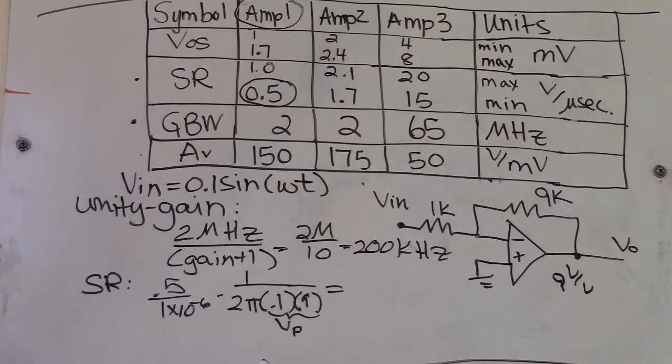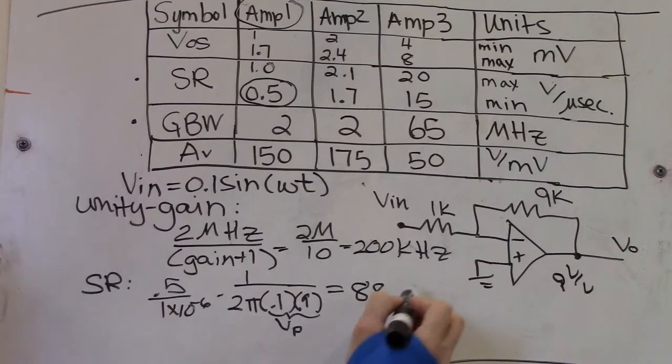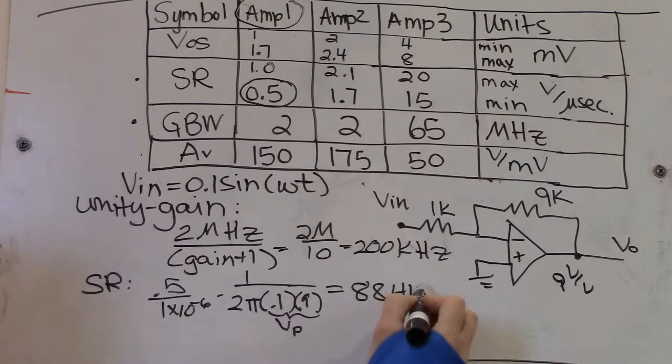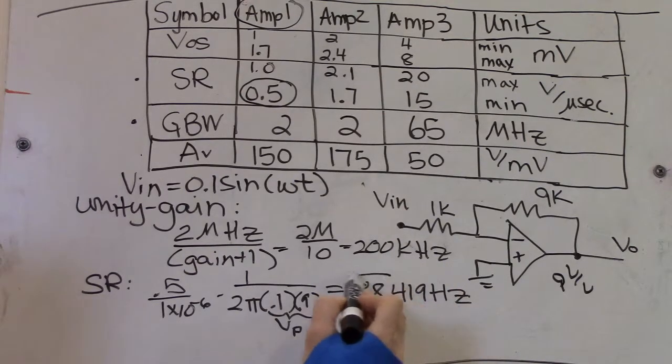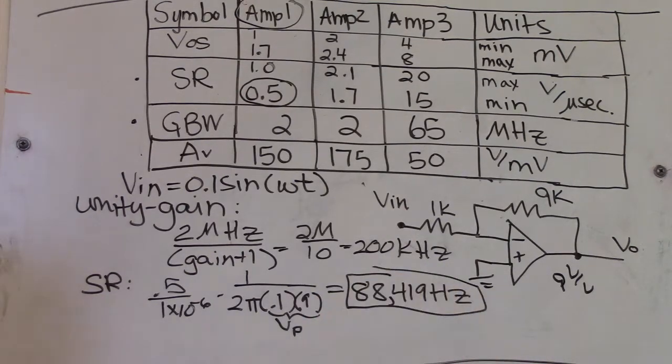This gives 88,419 hertz. Since this is the lower value, this is the bandwidth of the circuit for these considerations.